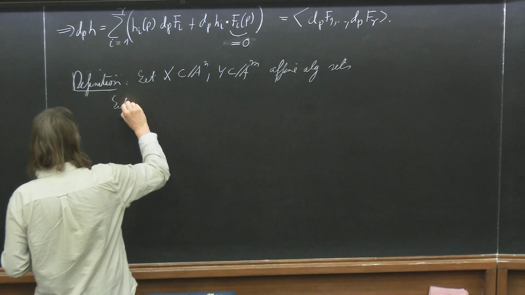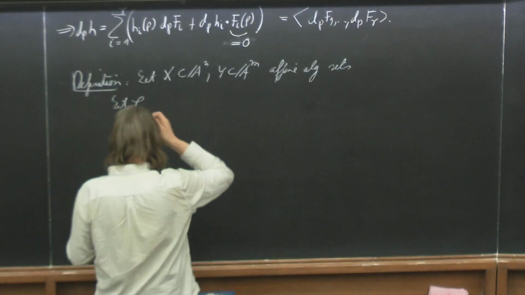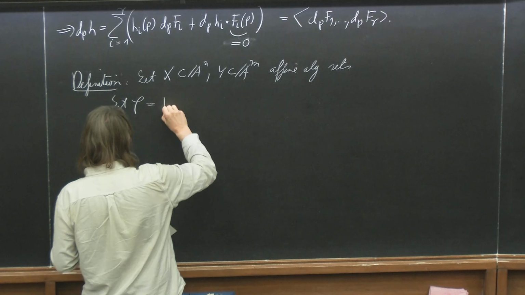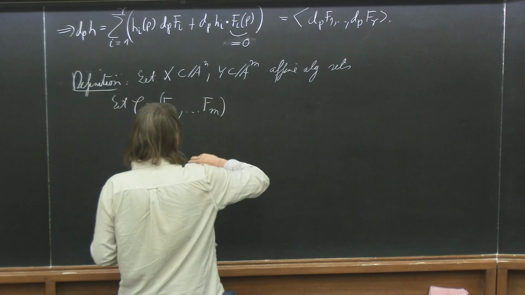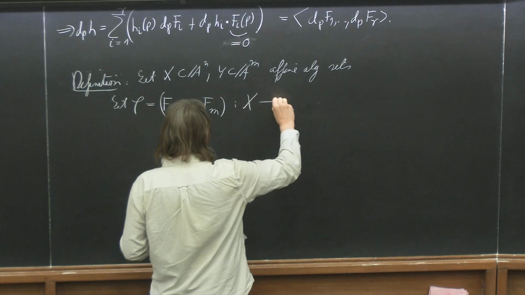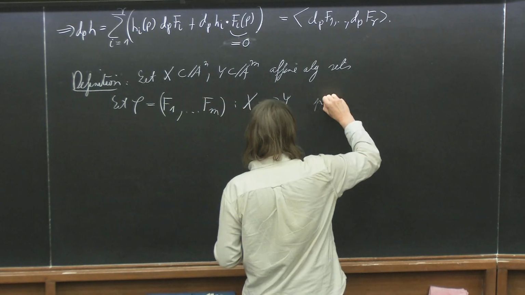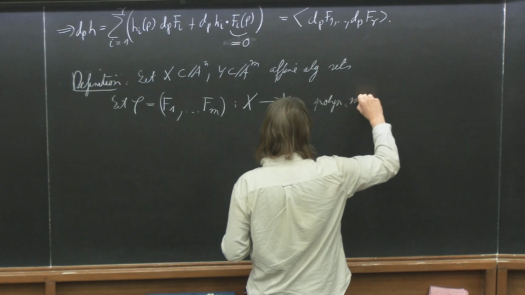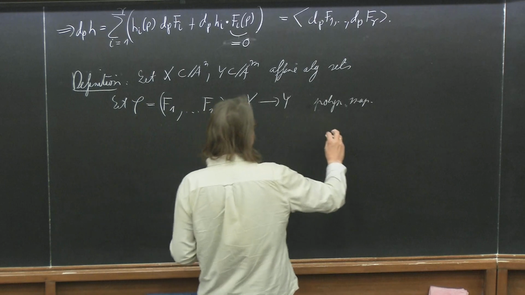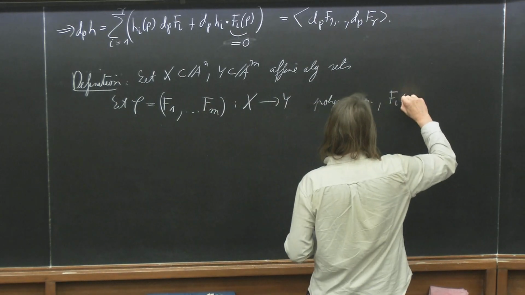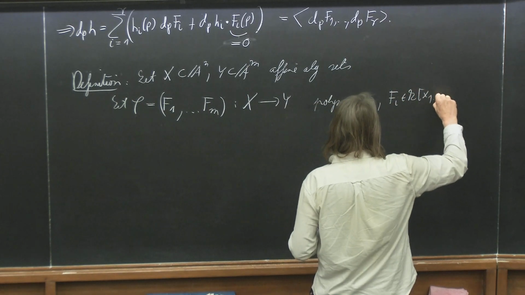Let phi be a polynomial map, which is the same as all the morphisms, f1 to fm, from X to Y. So the f_i are some polynomials in the first set of variables.